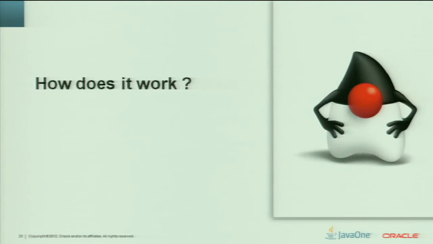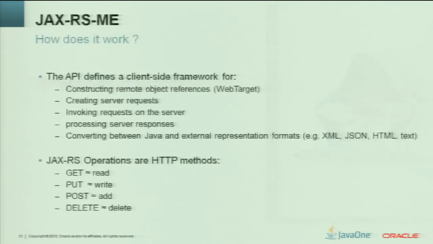So, you've seen the magic, now you're certainly interested how it works. The API defines a client-side framework, and you can use it to construct object references to remote objects. That's the web target, we have seen that before.